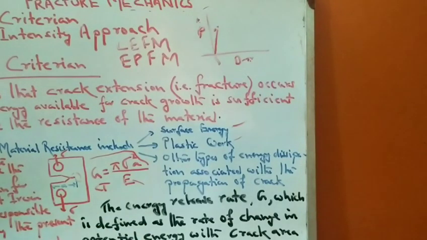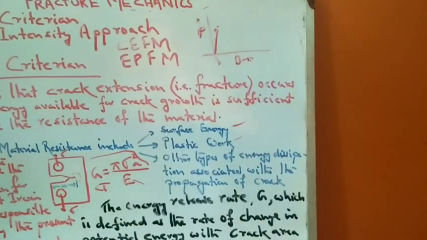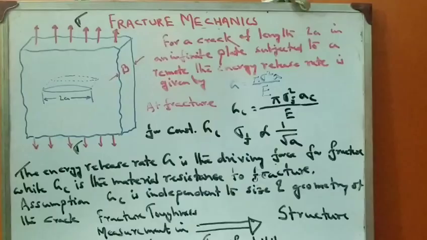As the crack area increases, the rate of change of potential energy changes. So this is called G, and at the moment of fracture, G becomes equal to GC.